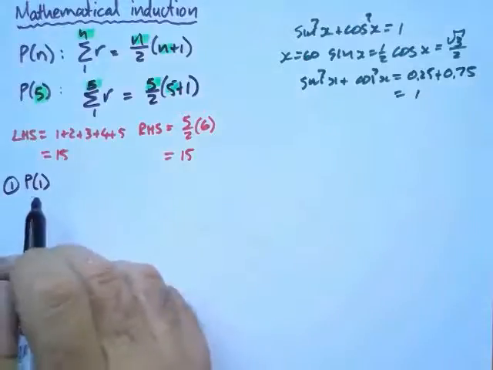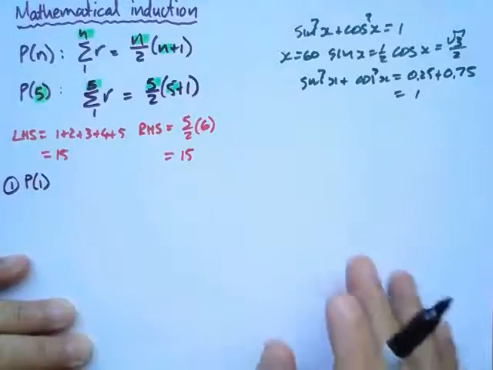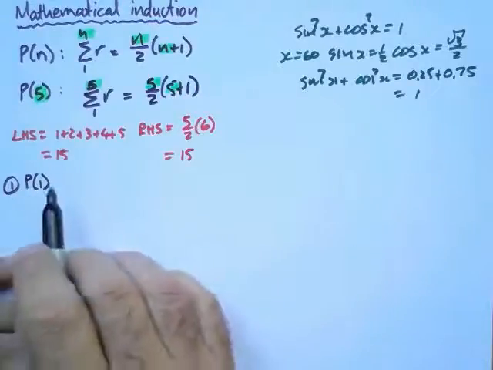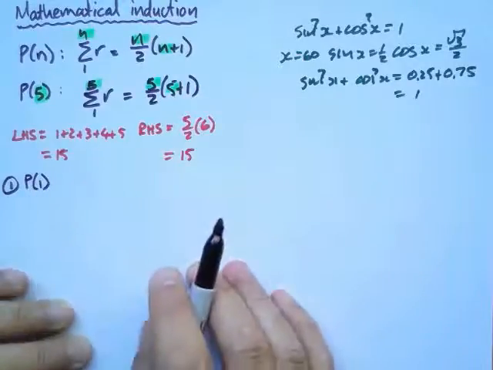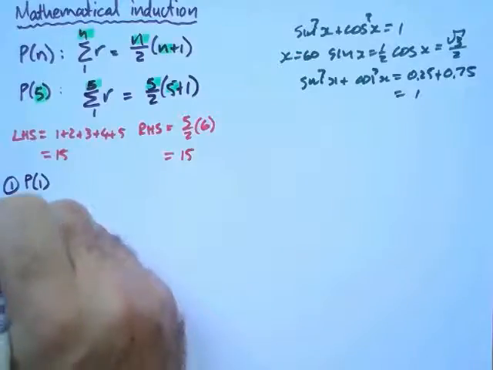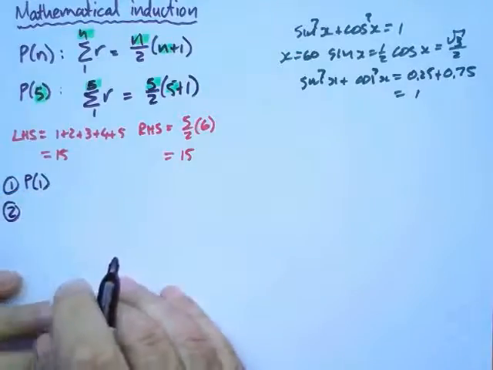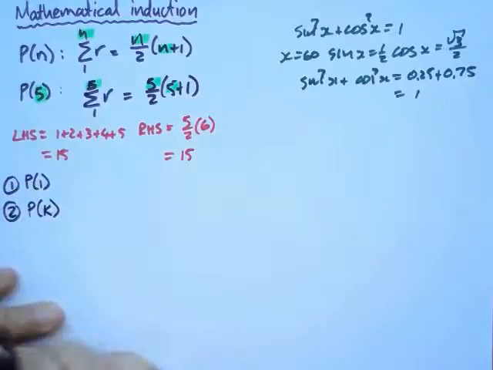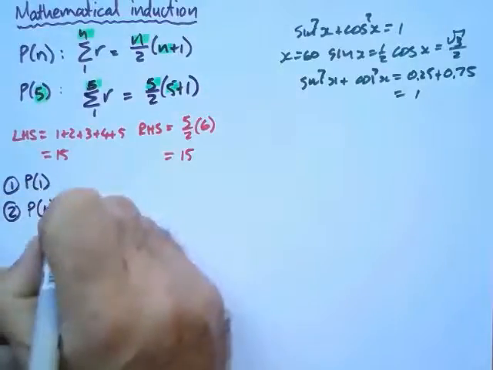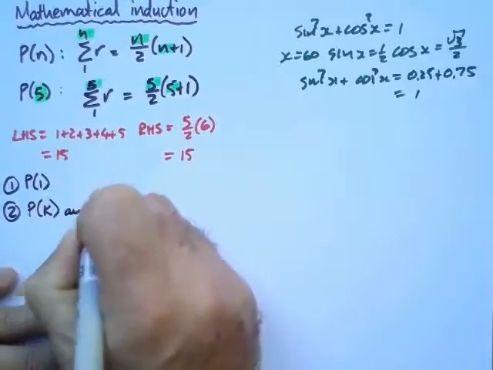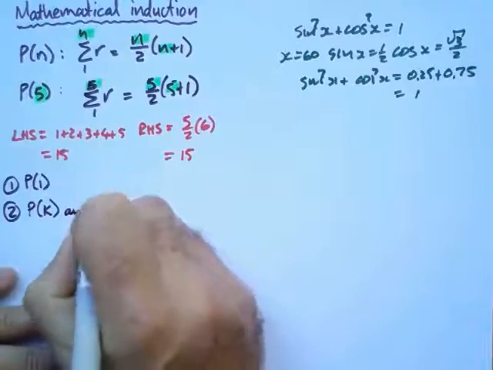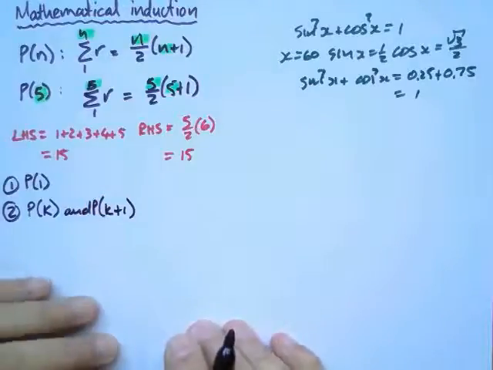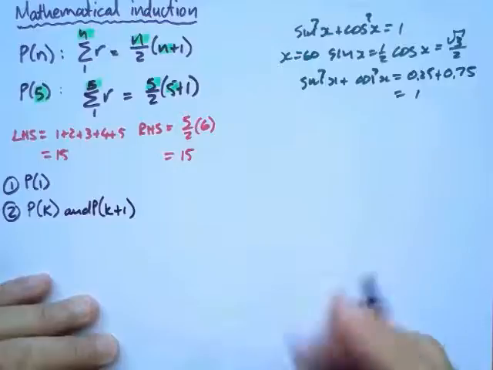So when n is 1, this proposition must be true. That's our first step. Once that happens, we're going to go to step 2, and we're going to look at it: if it's true for k, it needs to be true for the next value, which means P at k plus 1.